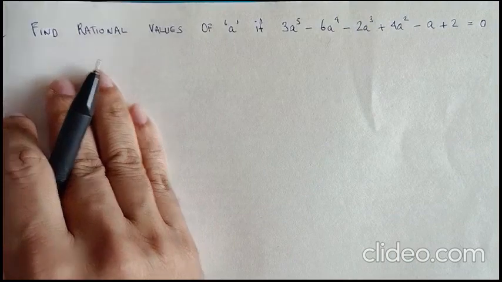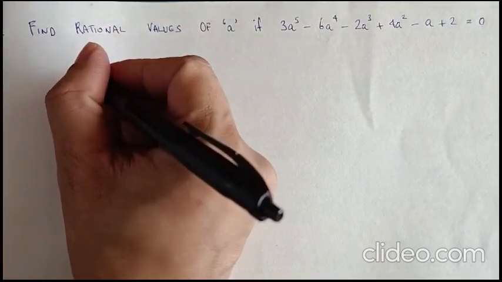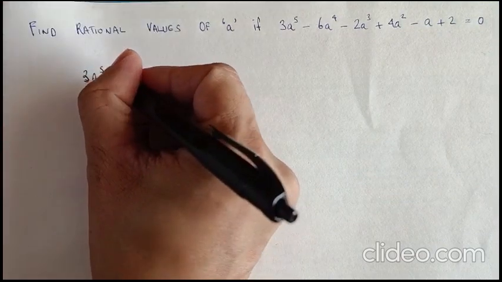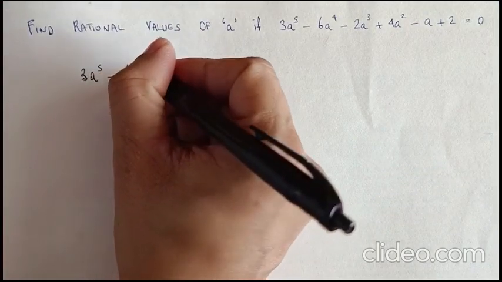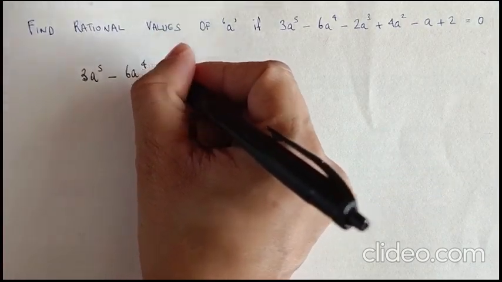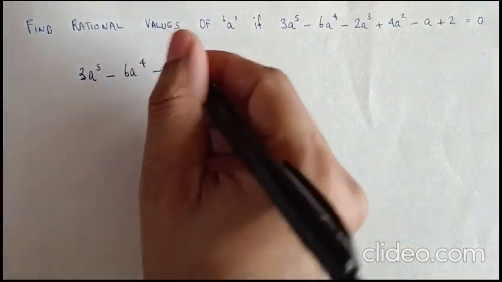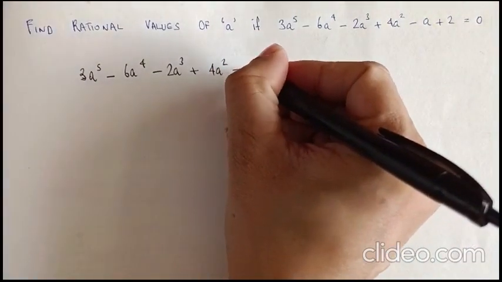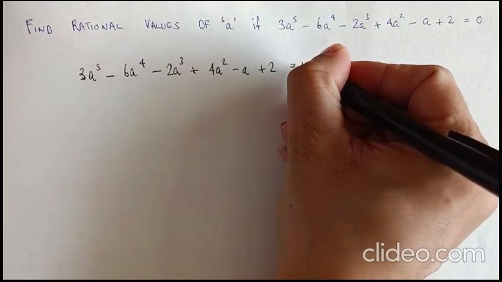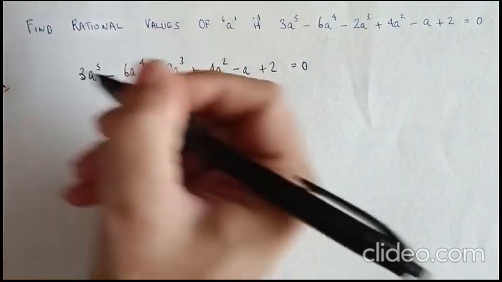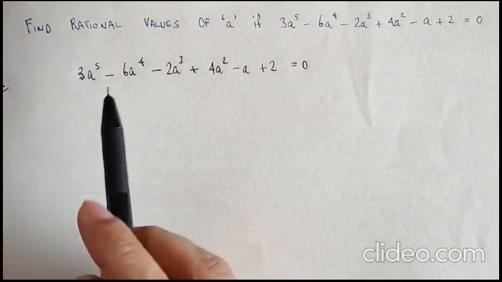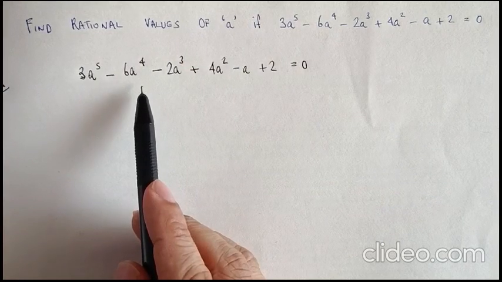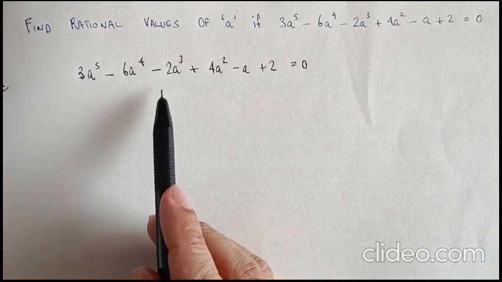We have to find a where 3a to the power of 5 minus 6a to the power of 4 minus 2a to the power of 3 plus 4a squared minus a plus 2 is equal to 0. Right? Now, very simply, our first step here should be we have to find out a way in which we will do the factorization for this.